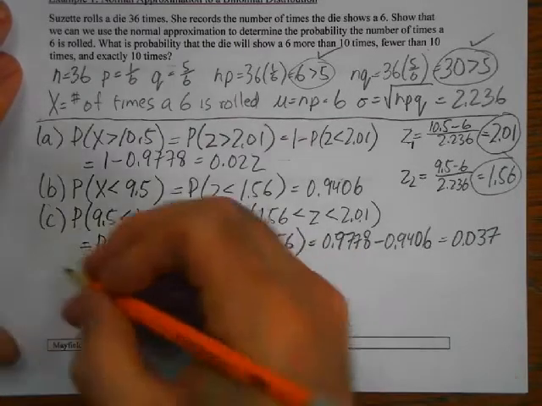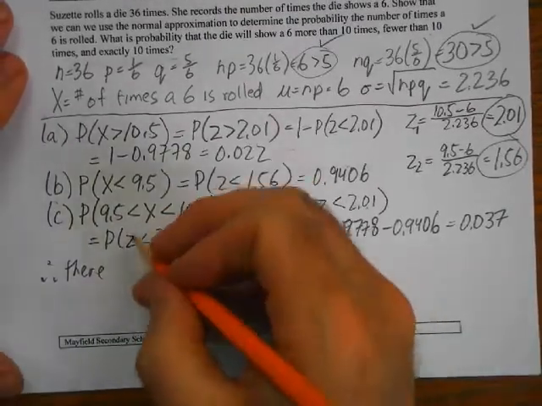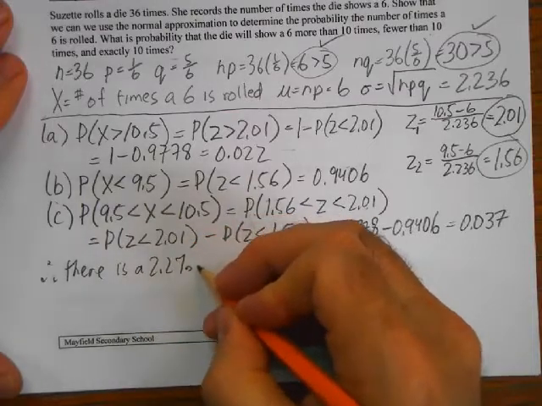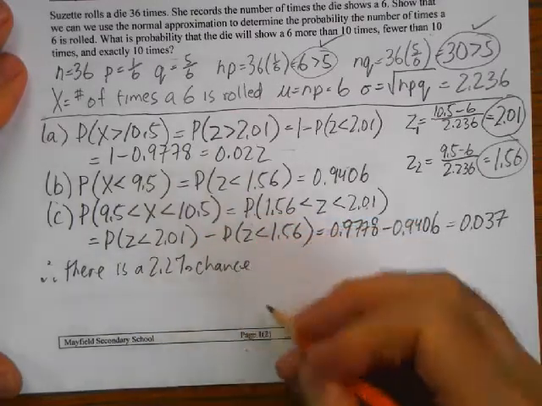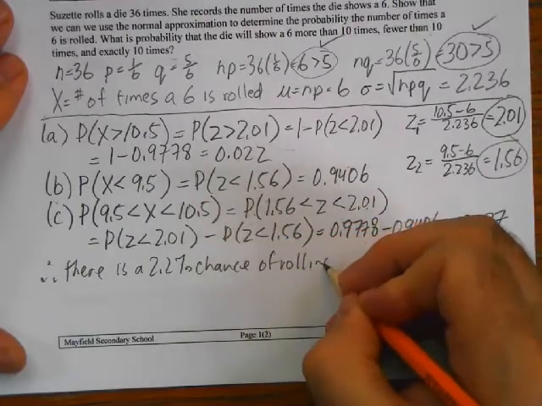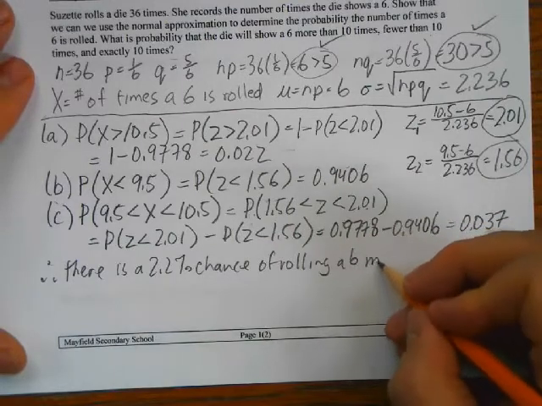Okay, so therefore, there is a 2.2% chance of rolling a 6 more than 10 times.